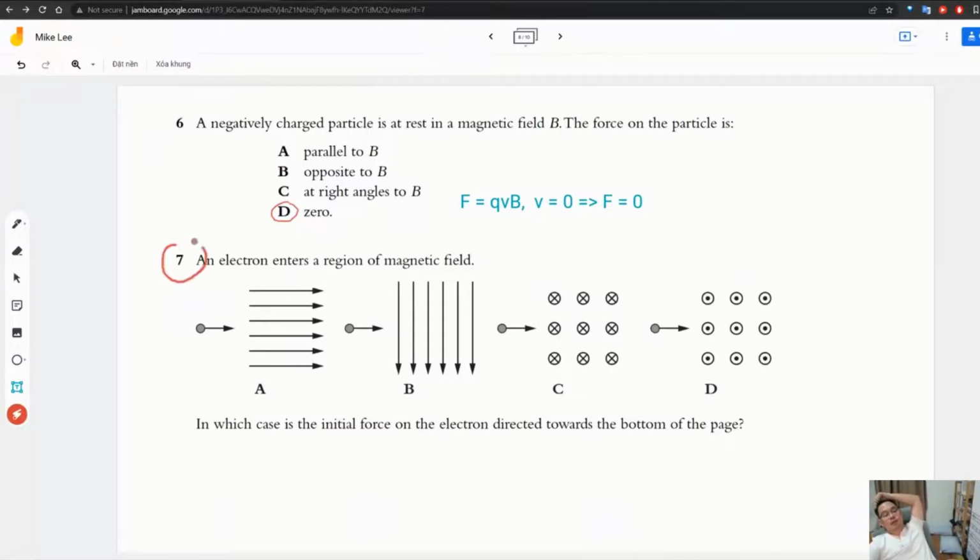Question 7. An electron enters the region of a magnetic field. Use the left-hand rule to determine the direction of the force on the electron. In which case is the force toward the bottom, meaning downward?